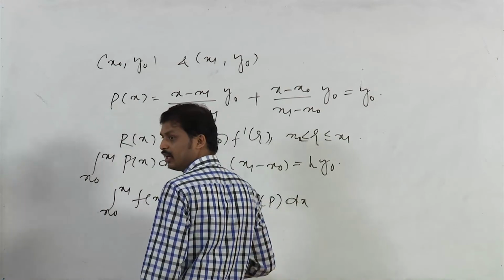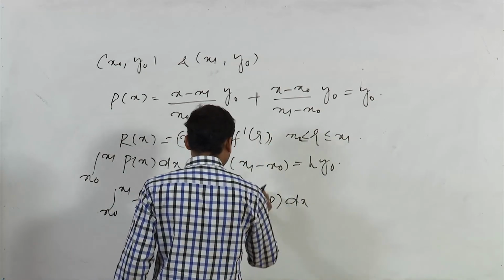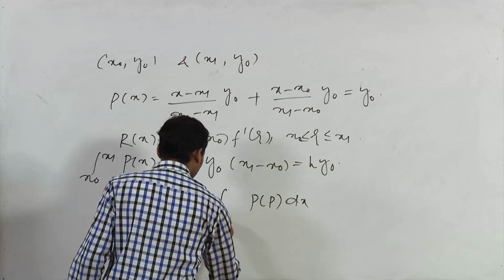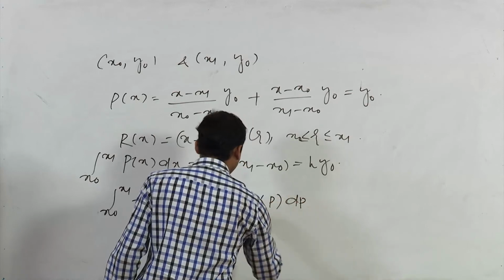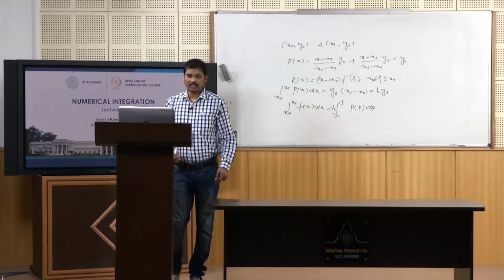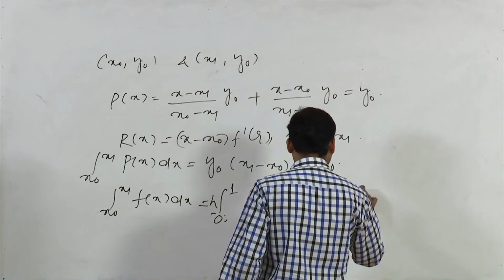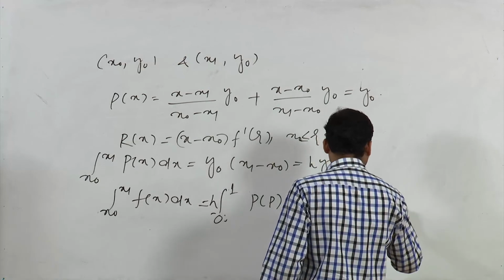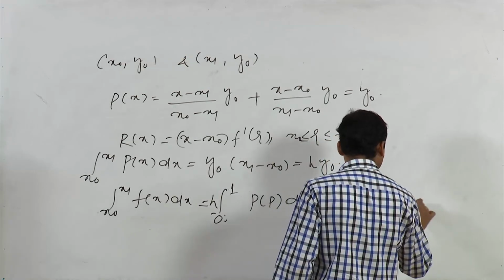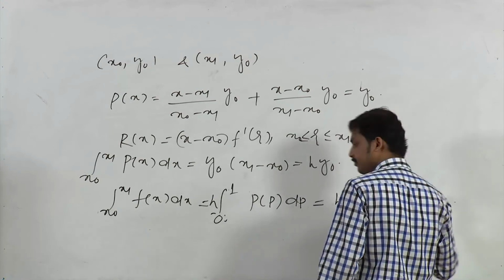Obviously this integration range for p of phi can be transformed to 0 to 1, and dx can be written as h dp. That is why we can write this as h times the integral from 0 to 1 of the functional value y0 into dp, and this especially can be written as h y0.